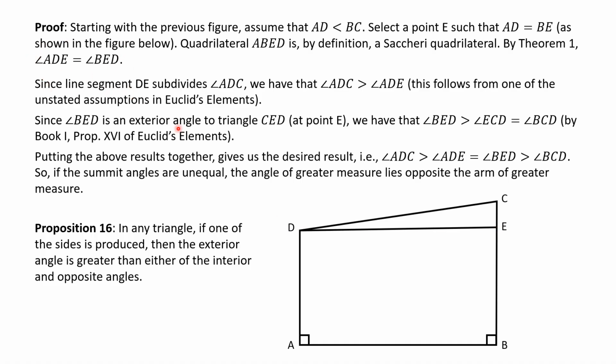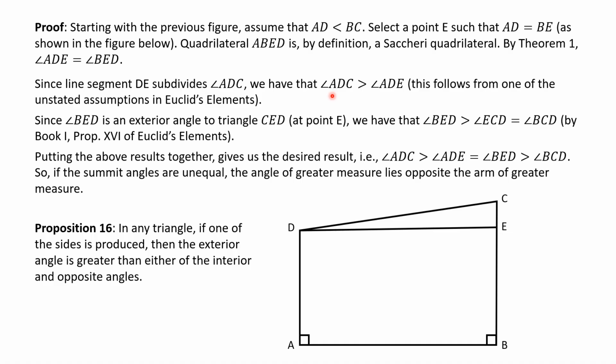Since the line segment DE subdivides ADC, we know that ADC, this bigger angle here, is bigger than ADE. That's one of the assumptions that David Hilbert discovered was missing from Euclid's Elements.